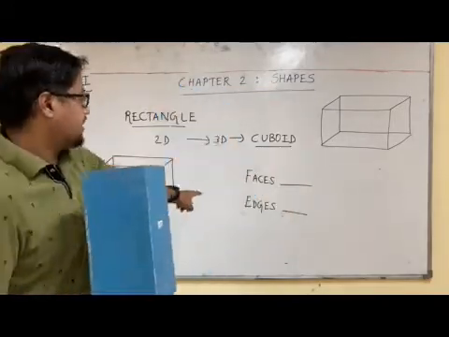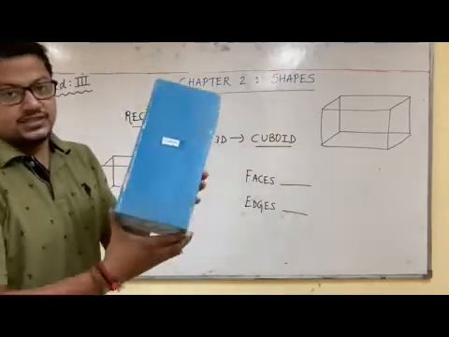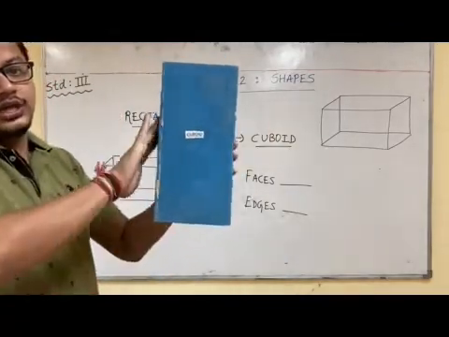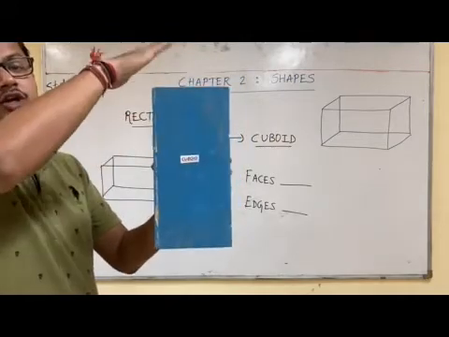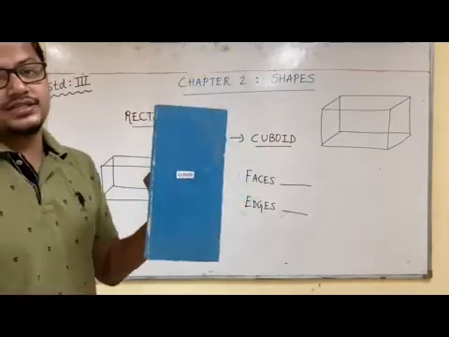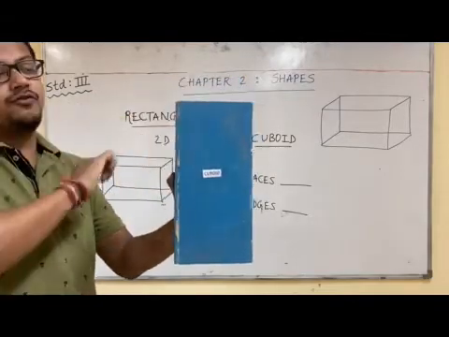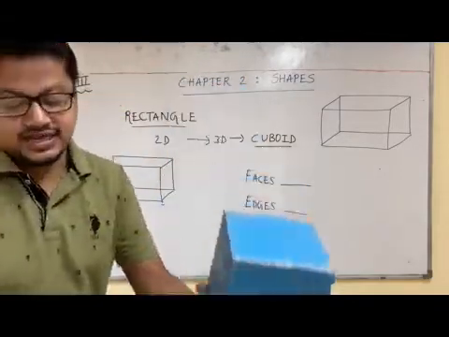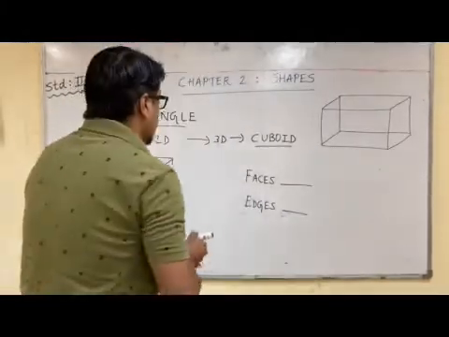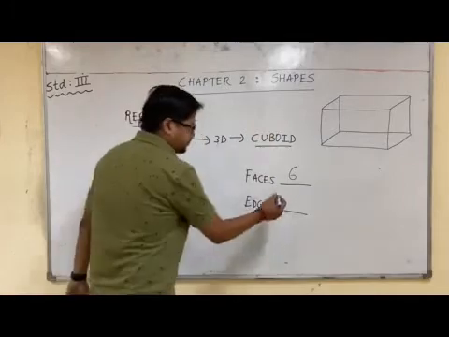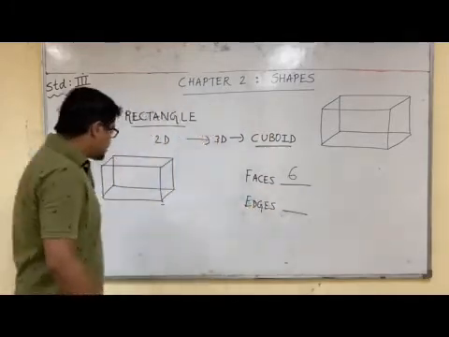Okay. Now let us calculate what are the faces. Okay. 1, 2, 3, back side 4. Top 5, bottom 6. I repeat once more. 1, 2, 3, back side 4, top side 5 and bottom side 6. So students, how many faces of a cuboid are possible? 6. Okay. Let us do the edge calculation.